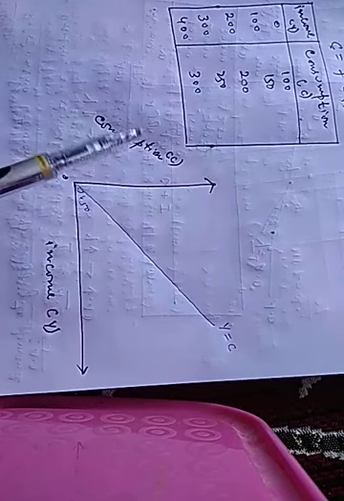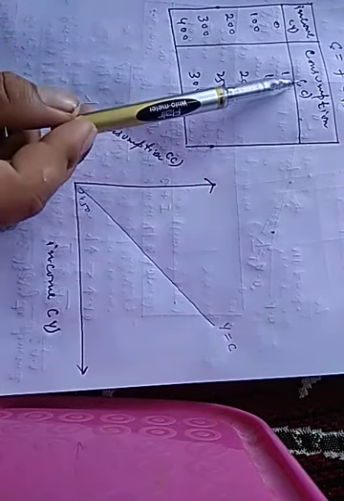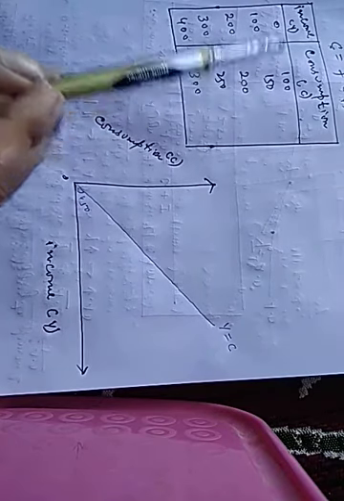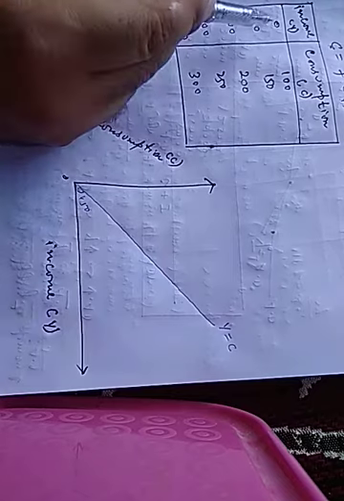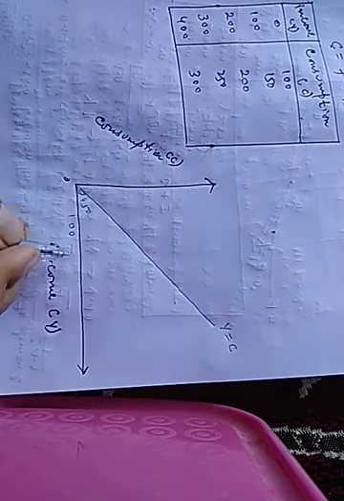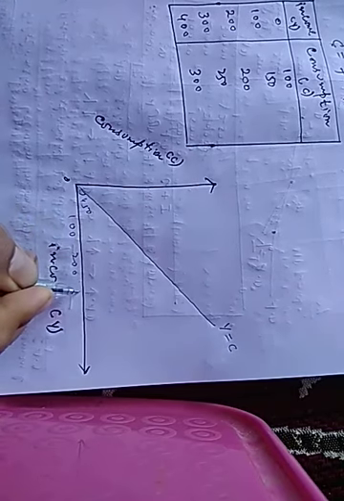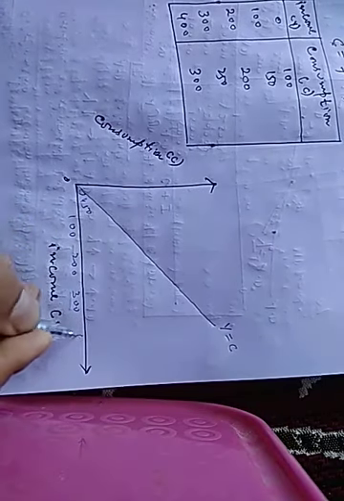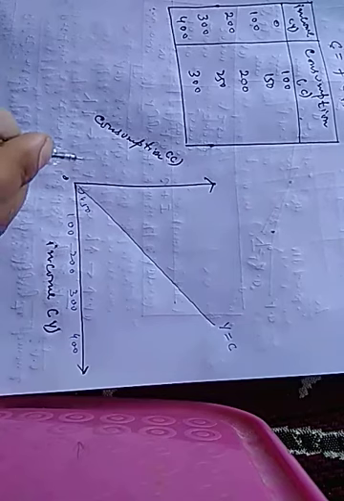Now we will draw the actual values of income and consumption as given in this table. Income is 0, 100, 200, 300 and 400.